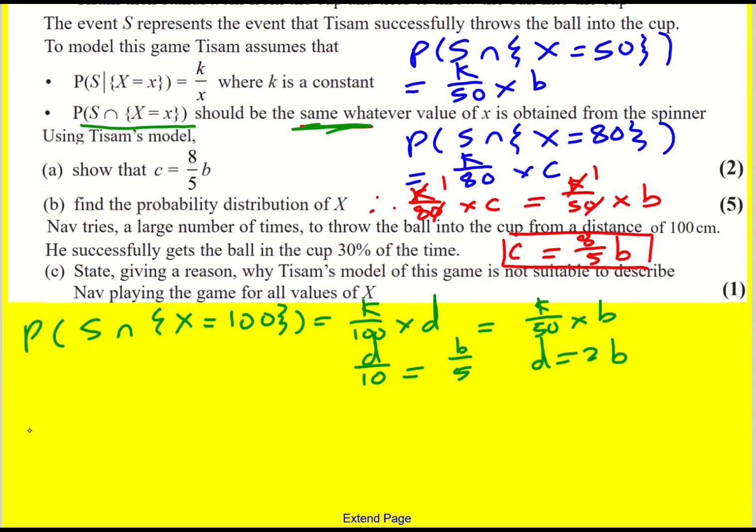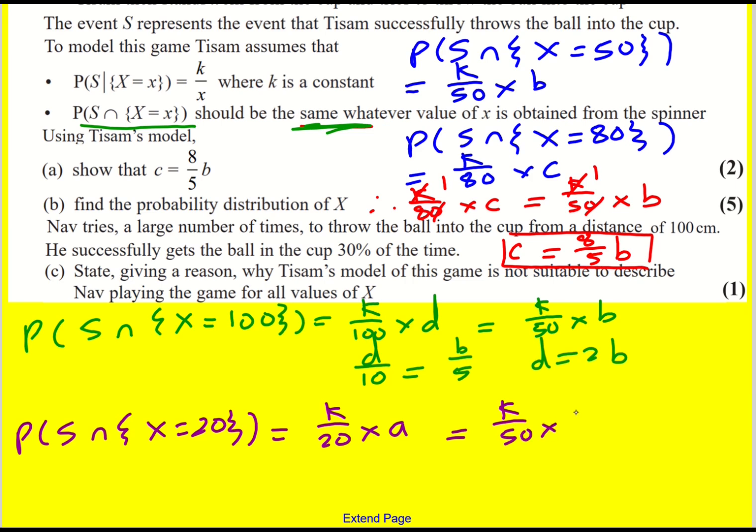Right, and I've just got one more. The probability of s and x equaling 20 is equal to k over 20 times a. And again, that is equal to k over 50 times b. So a over 2 is going to equal b over 5, and a is going to be 2/5 b.